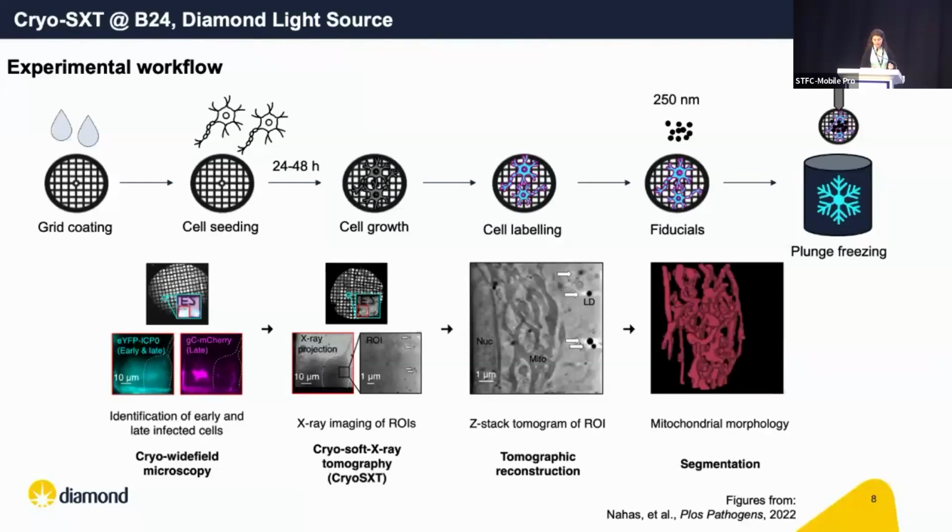And we can do this by staining the cells with some specific dyes for some targets that can be informative to the users, and this can be explored either with a cryo wide field microscope, but also we have a cryo-sim microscope that can be directly correlatable with the X-ray signal.